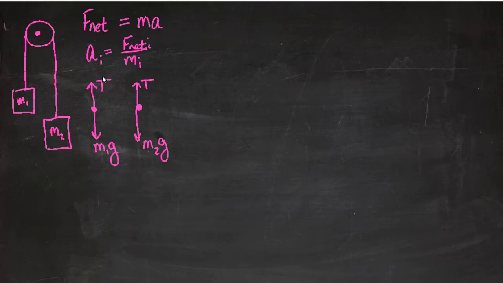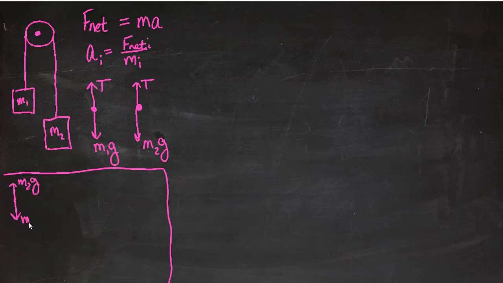So the tempting thing is to say that T over here is equal to m2g, but pulling up, because this is the source of the tension, right? So if we said that, this free body diagram, we're going to put the wrong idea in the box here. The wrong idea would be that mass 1 has m2g pulling up and m1g pulling down, and mass 2 has m1g pulling up and m2g pulling down.